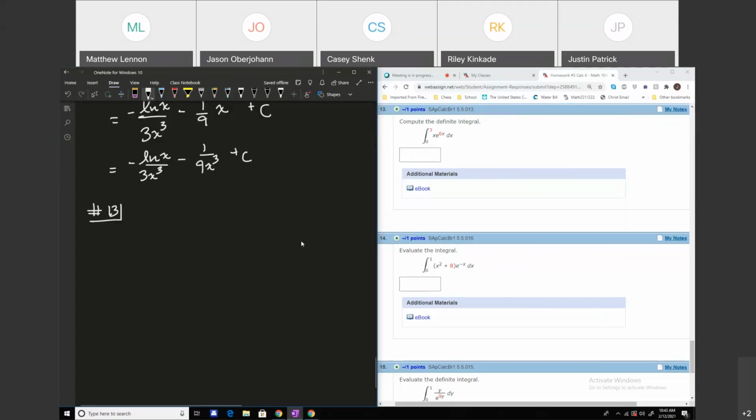So here we have the integral from 0 to 3 of x times e to the 6x dx. So we want to let u be x and dv be e to the 6x. So then du is just dx, and v is 1/6 e to the 6x.